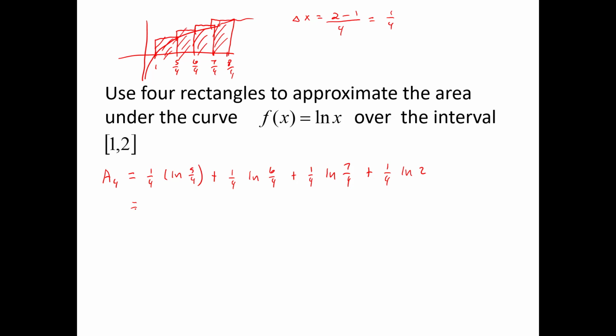And the calculator tells me that the approximate area is 0.4703 to 4 decimal places. Should put the 0 out in front.